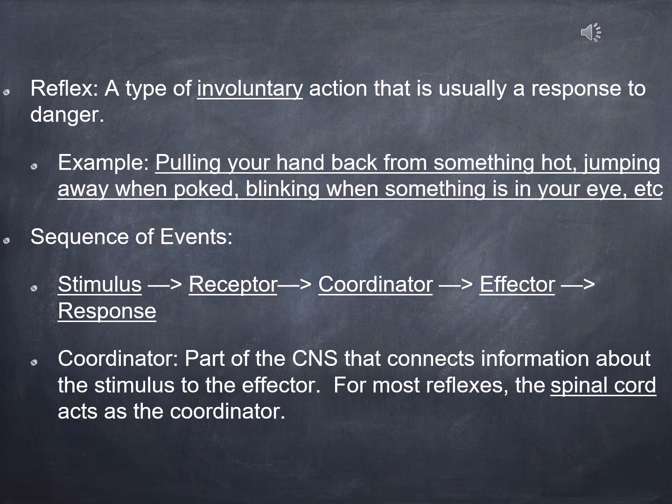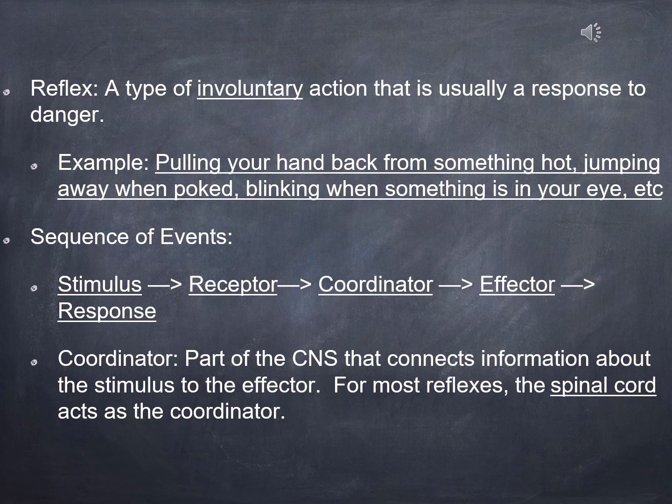The coordinator is the part of your body that is going to set up your response. In our example, the coordinator would be the spinal cord. Information from the receptor passes along to the spinal cord. The spinal cord is going to coordinate our response.